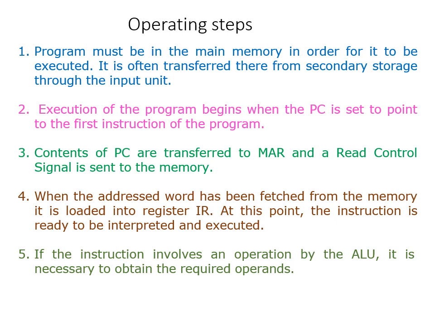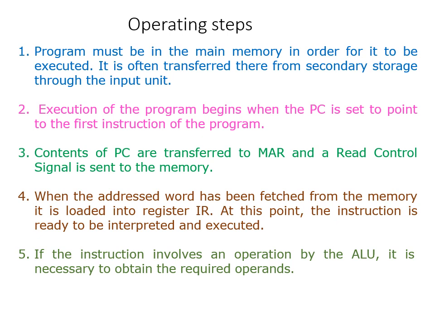The execution of the program begins when the PC is set to point to the first instruction of the program, and the contents of the PC are next transferred to the memory address register, and a read control signal is sent to the memory. After this, when the addressed word has been fetched from the memory, it is then loaded into the instruction register. At this point, the instruction is ready to be interpreted and executed.